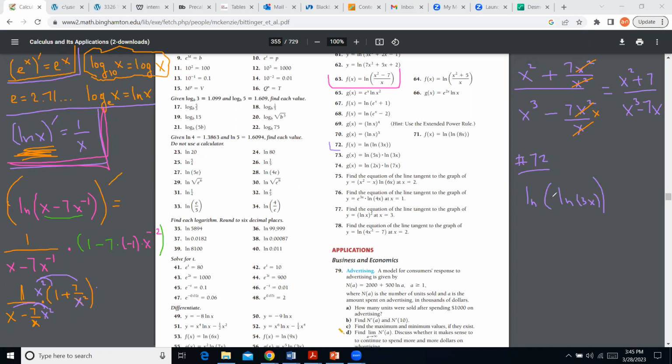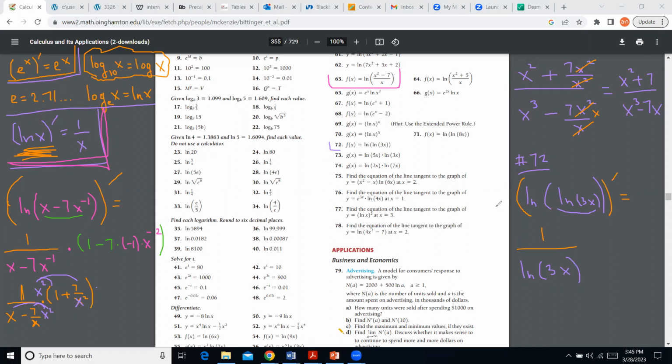So when you take a derivative of this entire structure, then you're going to have to put 1 over, right? 1 over what? Well, 1 over this ln in the parentheses, right? ln of 3x. That's the first piece.